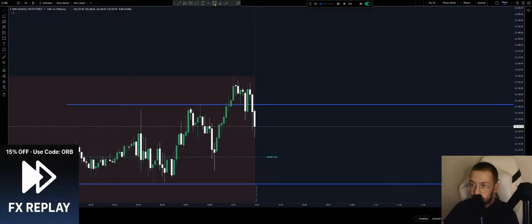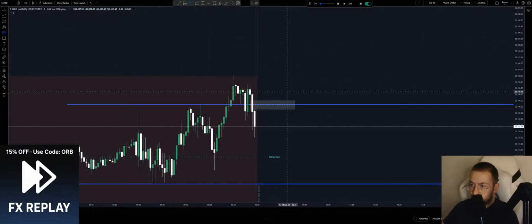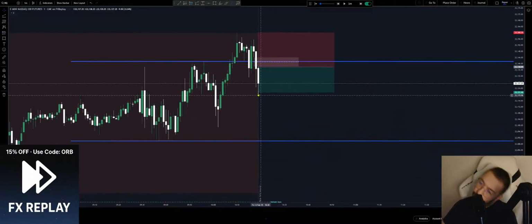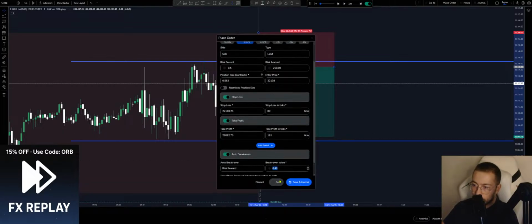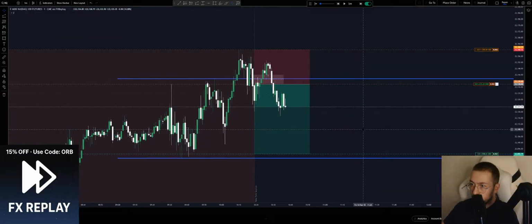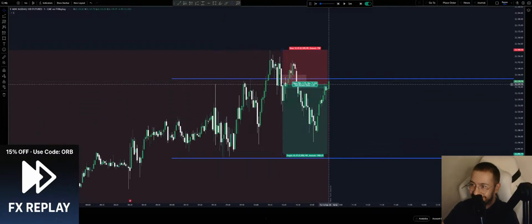All right, you have a fair value gap here. So that's the entry. Of course, it's gonna hit break even.